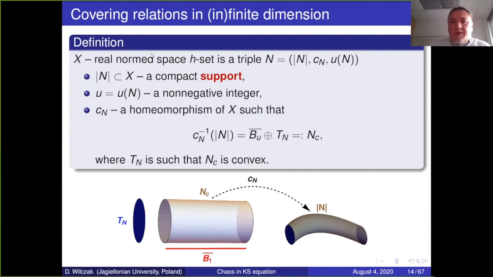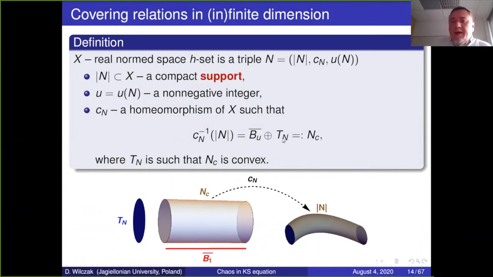We assume that everything is in some real normed space X, and we call a triple N an H-set if N is a compact subset of this domain, say X, u is a non-negative integer, which stands for the number of expanding directions in our set, and we have also a homeomorphism which maps our set N to a product of a u-dimensional closed ball and something which is convex.